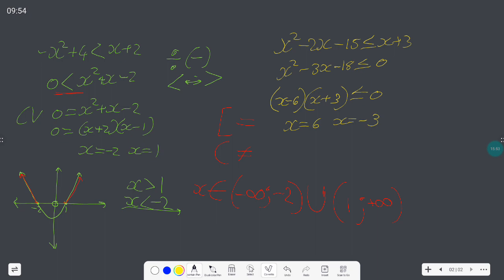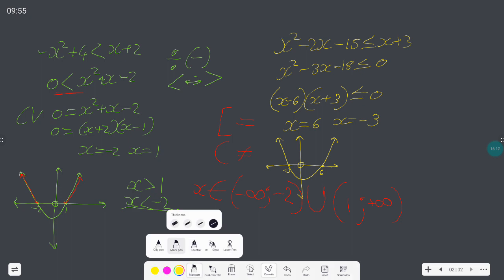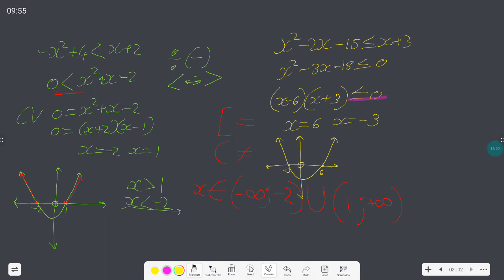Now once again we have to represent it graphically. If I represent it graphically, it lies where x is 6 and negative 3. Now what are we looking for? We are looking for where it is smaller than 0.